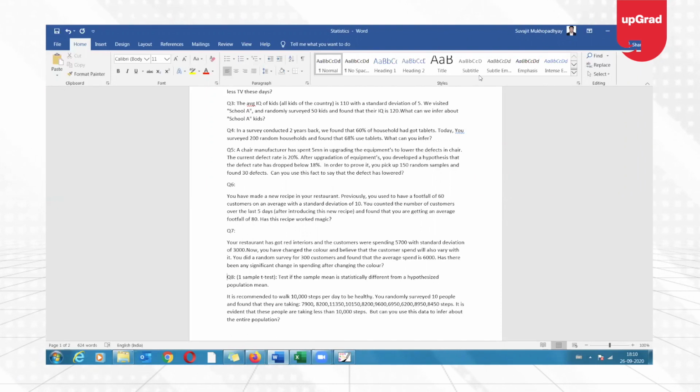So far we have worked only with z-test, so we'll solve t-test problems today. We'll also look at different variations of t-test: one sample t-test, two sample t-test, and paired t-test.